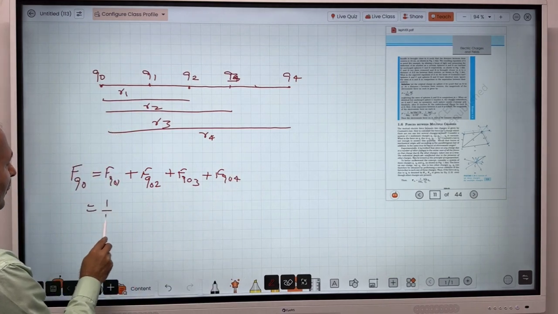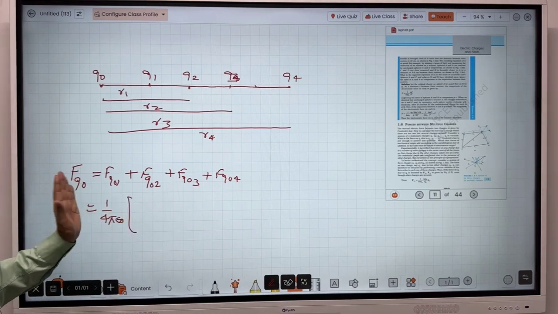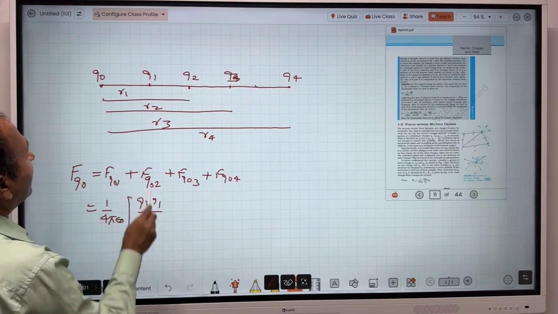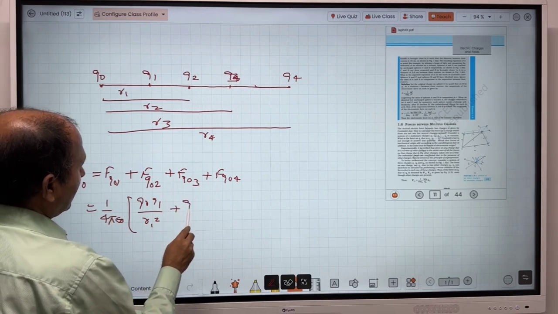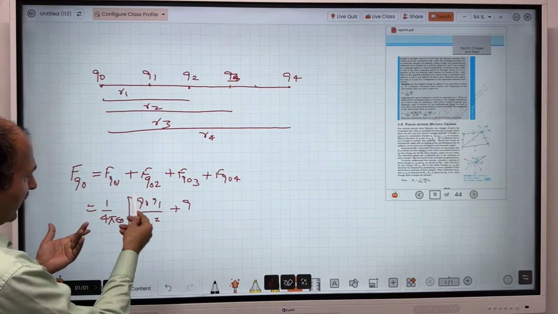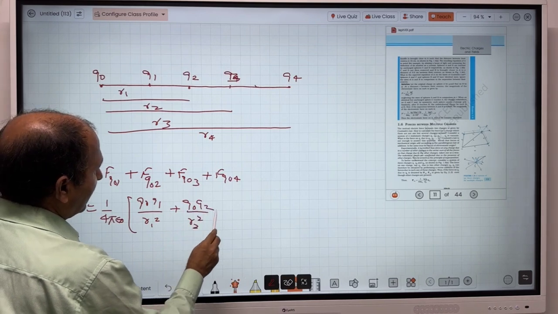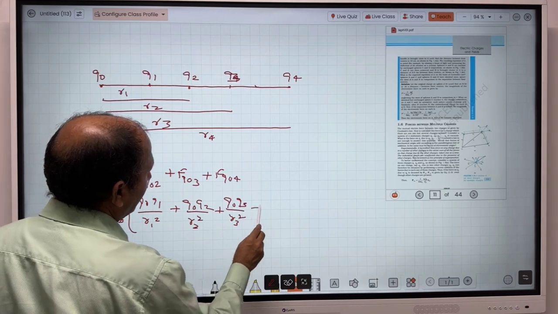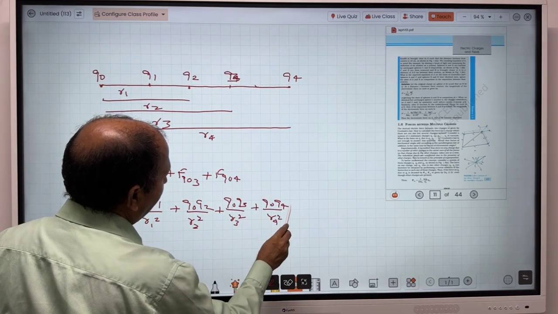So 1 upon 4 pi epsilon naught will be present in every term, so I am writing it outside. Then Q0 Q1 divided by R1 square, the first distance being R1 square, plus Q0 Q2 divided by R2 square, plus Q0 Q3 divided by R3 square, plus Q0 Q4 divided by R4 square.